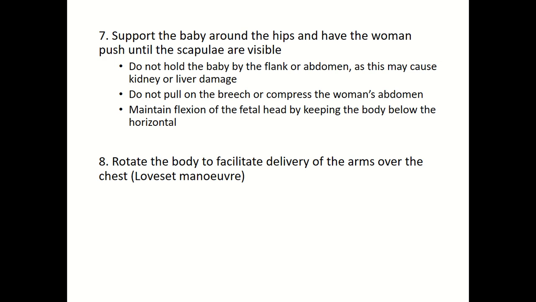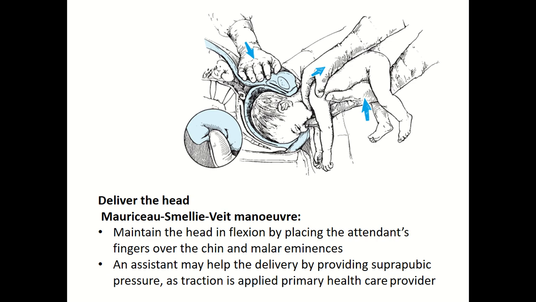That is the Lovset's maneuver. So the Lovset's maneuver involves rotating the baby to facilitate the delivery of the arms over the chest. So you can rotate the baby and then you deliver the arms. Okay, still by flexing from the cubital fossa, and then you sweep over the chest, and then you deliver the arms in case they do not deliver spontaneously.